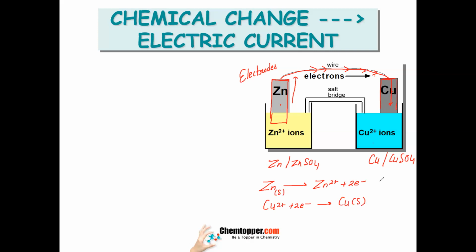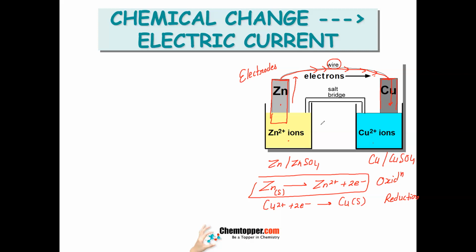And these two reactions are two half reactions. One is oxidation, the other is reduction. And we are carrying out these two half reactions in two separate containers, in two different compartments. These compartments are connected to each other through a wire and a salt bridge.